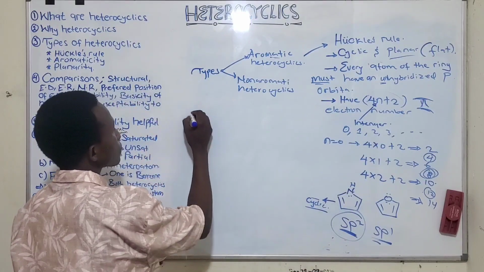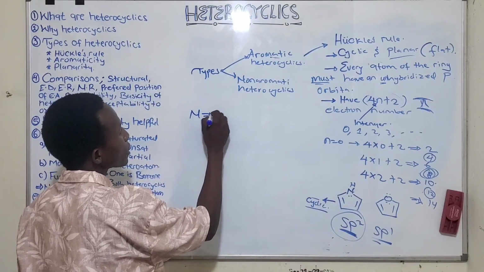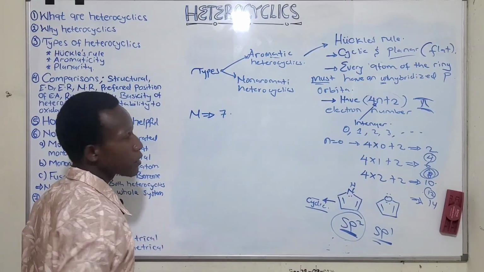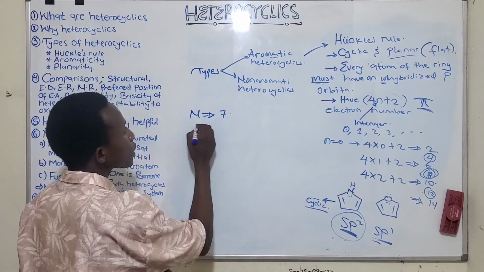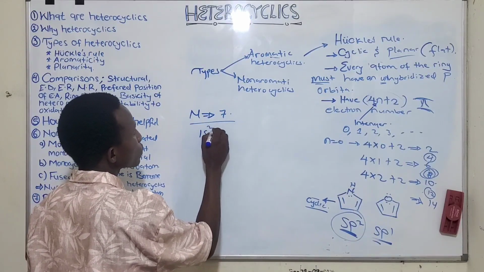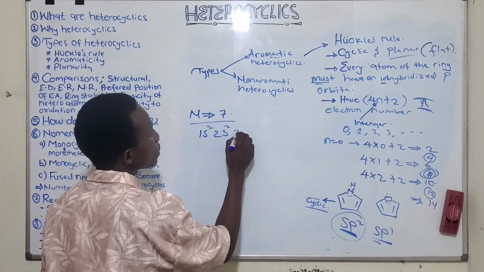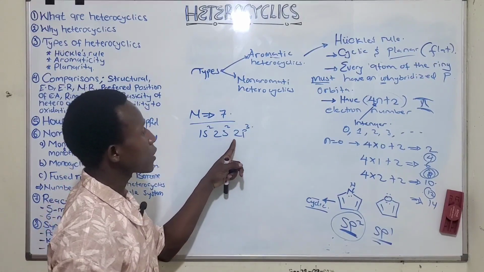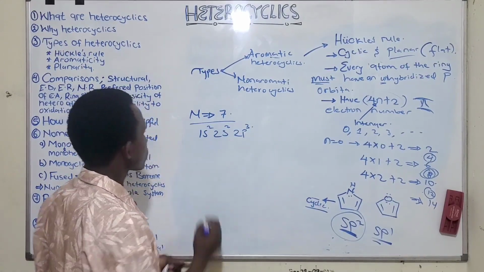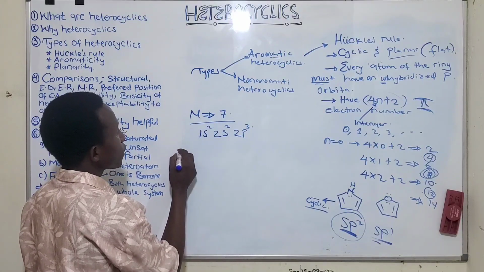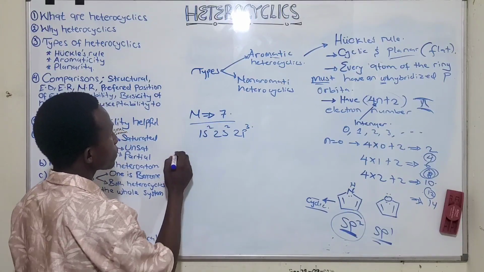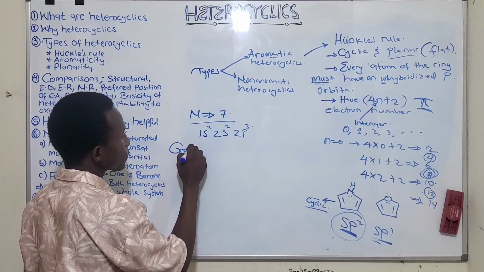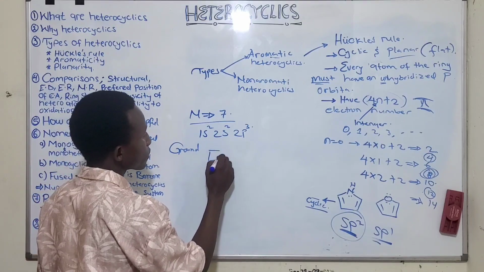Now, nitrogen, its atomic number is 7. So that means its electron configuration is 1s2, 2s2, 2p3. This is its electronic configuration. If you want to draw the hybridization at the ground state, it will be like this.